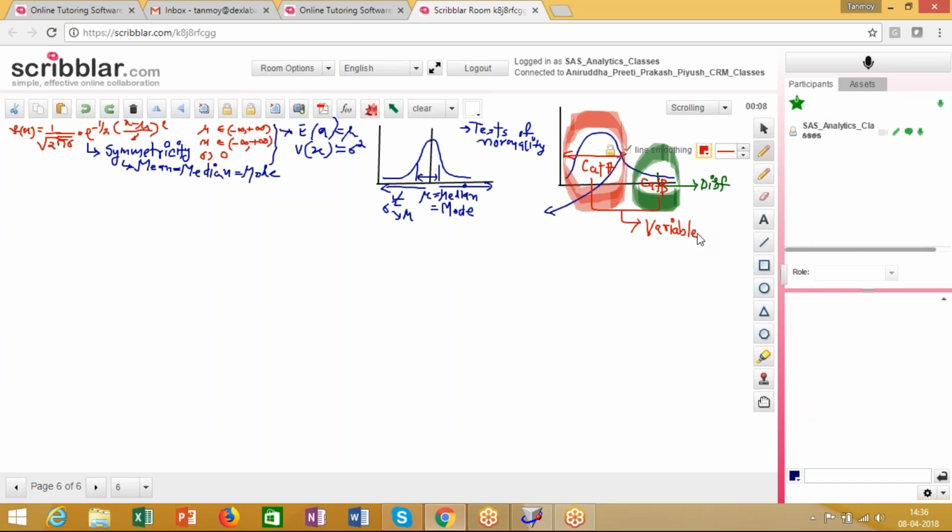In this case, when two different categories of values have been plunged into one single group, there has been an asymmetry, a skewness, in the variable, right?